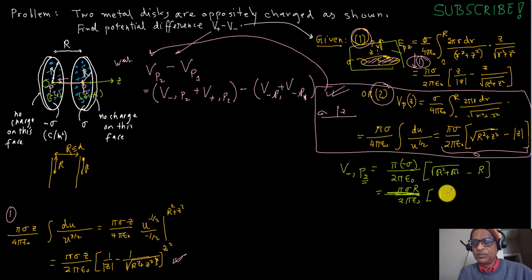Then this becomes plus, 1 minus square root of 2. It's negative. That's correct. Okay, so we got P2.